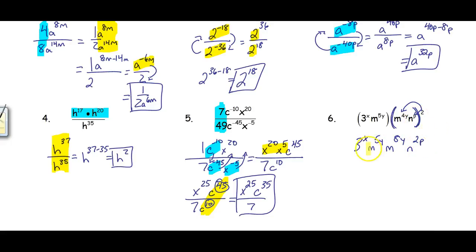So here, look to combine or simplify. We can combine these right here. So our 3x comes with it. For m, we're going to add our exponents. So 13y. And the n to the 2p comes with. And that's your final answer. You can't simplify any more from there.